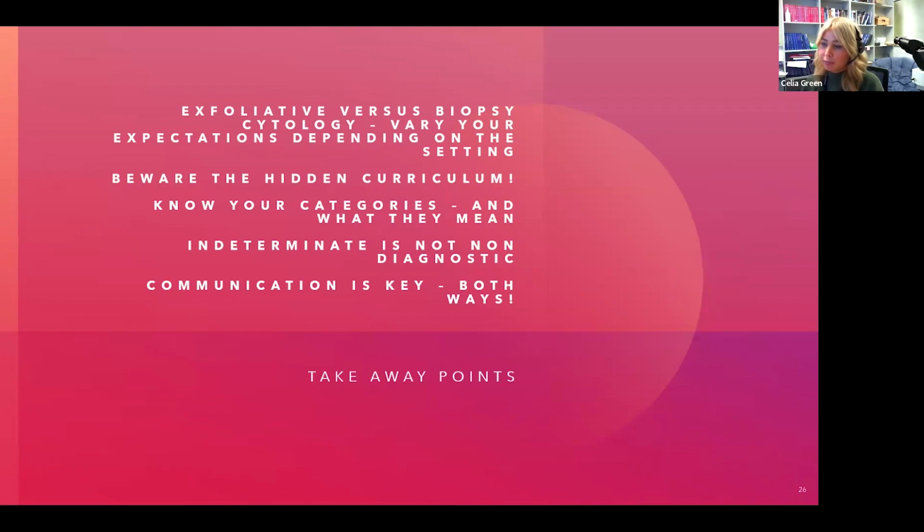I think knowing your cytologist is a little bit like anything. You wouldn't send your partner to a surgeon that you don't know if they're any good or not. You wouldn't send your specimen to a pathologist either. So get to know your pathologist, call them, not too much, they'll stop answering your calls, but get to understand what their level of certainty is, what their level of experience is.